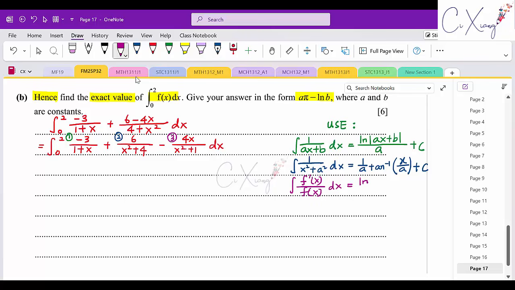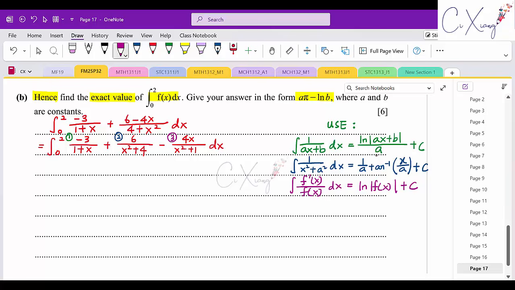I'll have ln f x, then plus c. Again, for which formula or technique to use, you have to practice a lot so that you are able to identify the pattern and match it with the correct formula for integration.